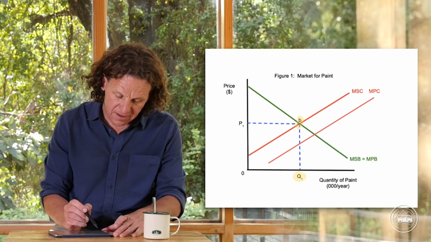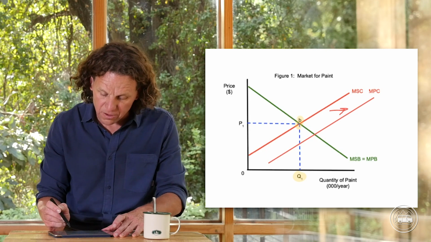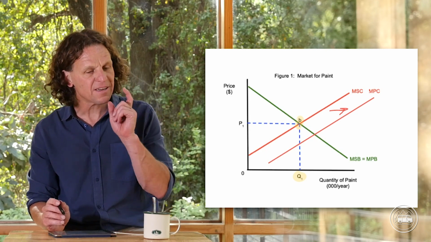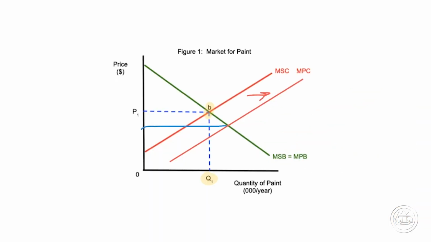Ooh, check it. The marginal private cost curve moved outward. Why? Because the price of the paint does not take into account the full cost to society of producing that paint. Okay?